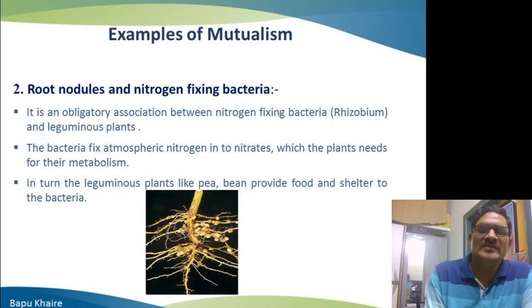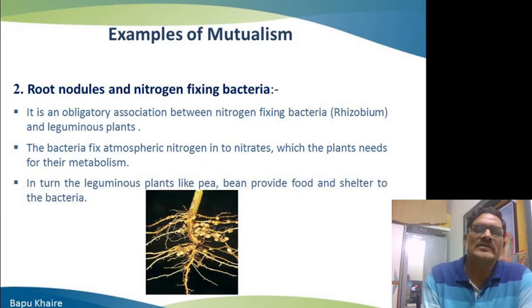Another example of mutualism is the root nodules and the nitrogen fixing bacteria. It is also an obligatory association between the nitrogen fixing bacteria, that is the rhizobium, and the leguminous plants.